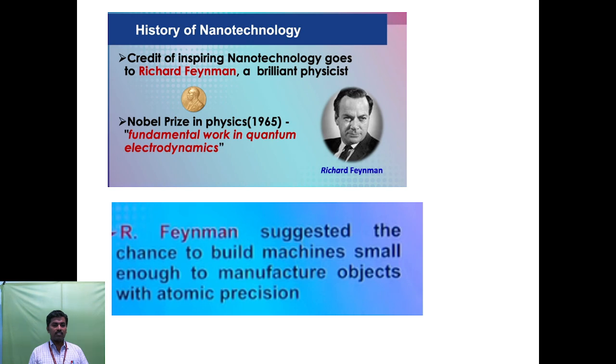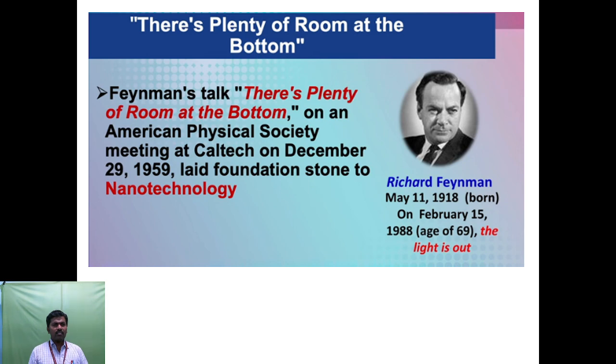According to him, he suggested the chance to build machines small enough to manufacture objects with atomic precision. In his talk, There Is Plenty of Room at the Bottom, at an American Physical Society meeting at Caltech in December 1959.